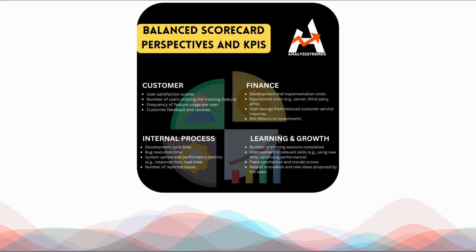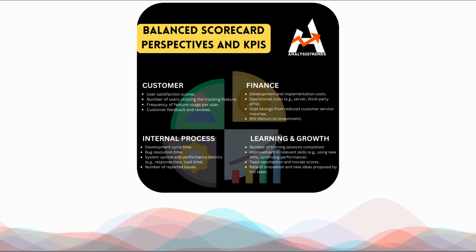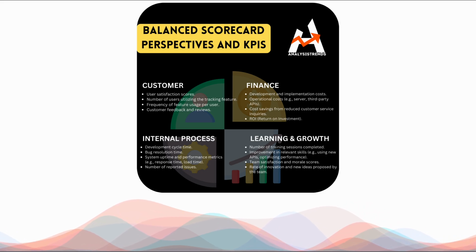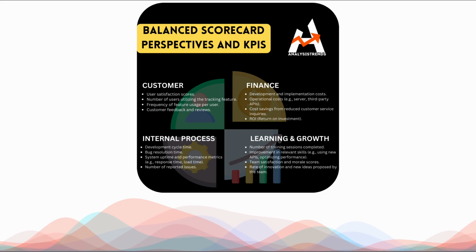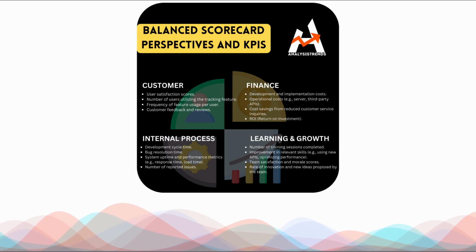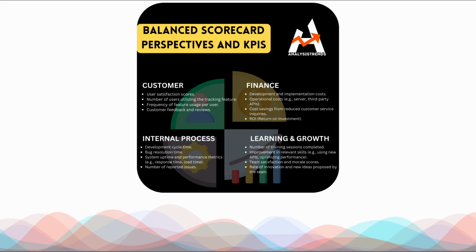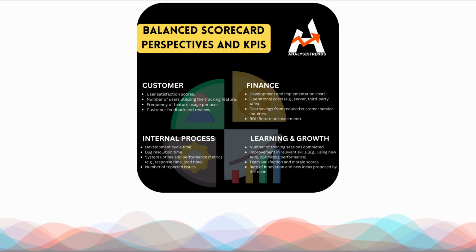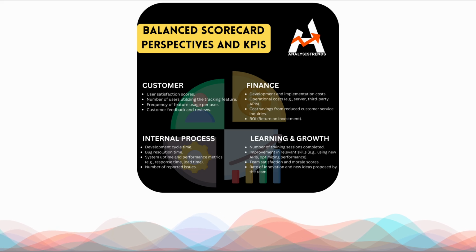Team satisfaction and morale score, how much the team is involved or engaged in this project. Rate of innovation and new ideas proposed by the team might be another way of identifying KPIs. This is where we learn and grow with each and every project. Cool. You can take a screenshot of this. This is a balanced scorecard with its perspectives and KPIs.